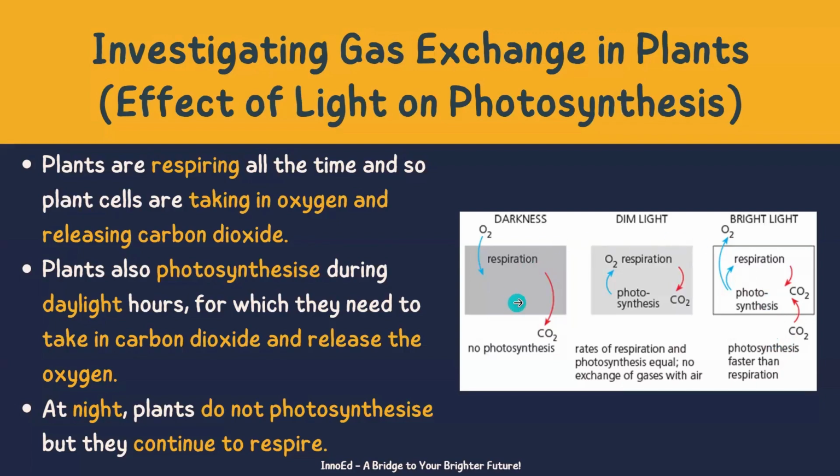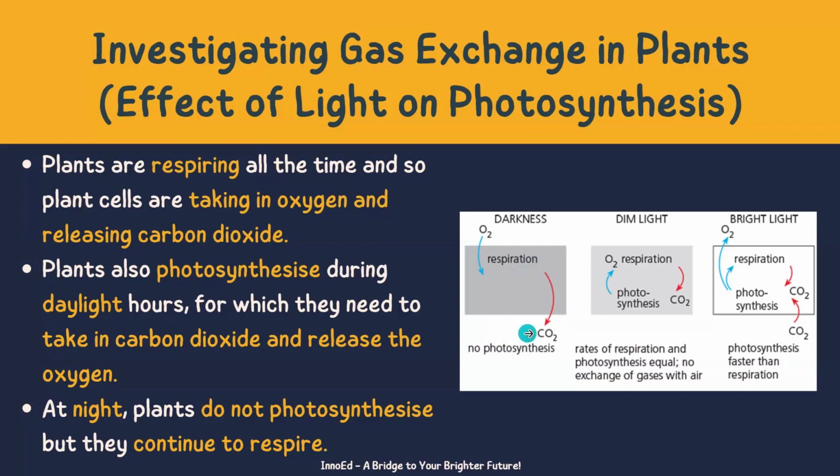On the opposite, during dark hours, when there is no light, there will be no photosynthesis, so the carbon dioxide from the surroundings will not be used up. Not only that, the excess carbon dioxide released by respiration will be released into the surroundings.